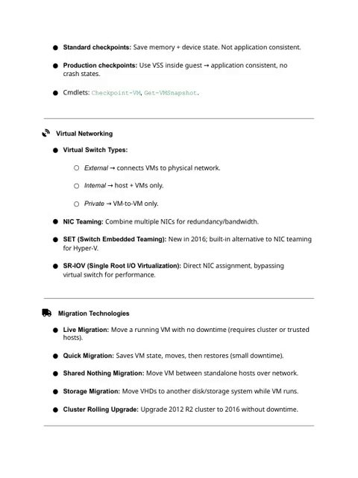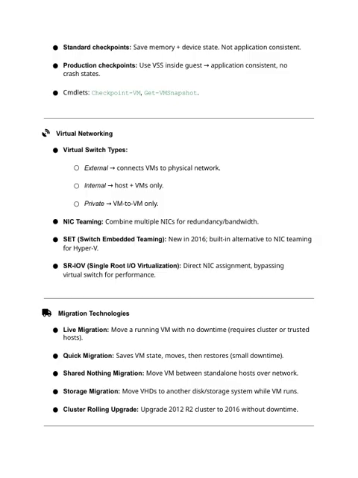Let's start by talking about checkpoints. Standard checkpoints are primarily used to save memory and device state, which is useful for quick recovery or testing. However, it's important to remember that they are not application consistent, so they might not capture the full state of an application. On the other hand, production checkpoints are more robust because they utilize VSS inside the guest operating system.